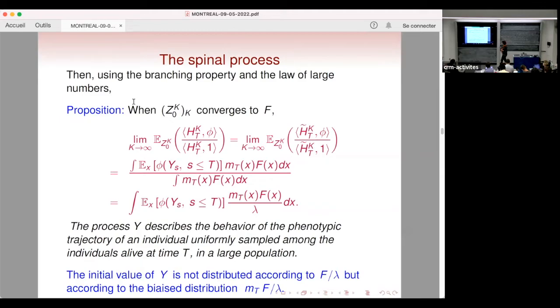You see that the initial value is not distributed along f, but is biased by the information that you have conditioned on the individual alive at time t. So you don't have the probability measure f over lambda, but the probability measure M_t f over lambda.